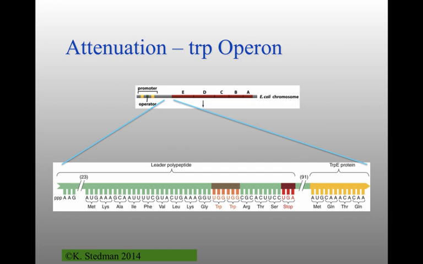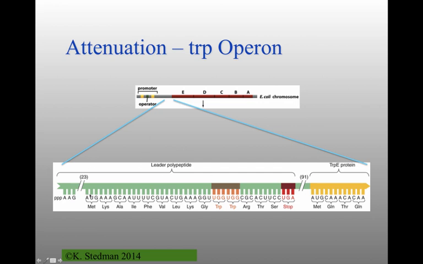So what you see here is our promoter sequence, our minus 10 and minus 35 sequences. Then there's actually quite a long piece of RNA which can be made here before you actually get to these genes that are important for tryptophan biosynthesis. And there's a small peptide which is made here that starts, as usual, with methionine.